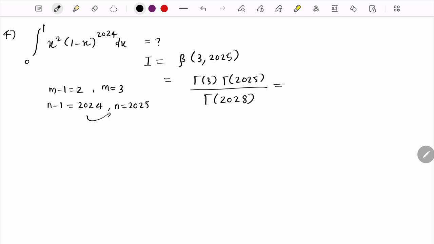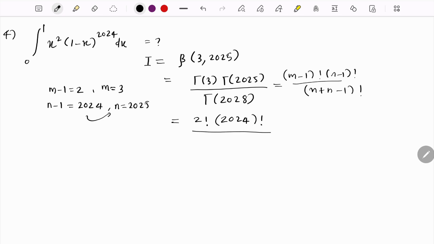This is also equal to m minus 1 factorial into n minus 1 factorial divided by m plus n minus 1 factorial. That is 3 minus 1, 2 factorial, and 2025 minus 1, that is 2024 factorial, divided by m plus n, that is 2025 plus 3, that is 2028 minus 1, that is 2027 factorial.